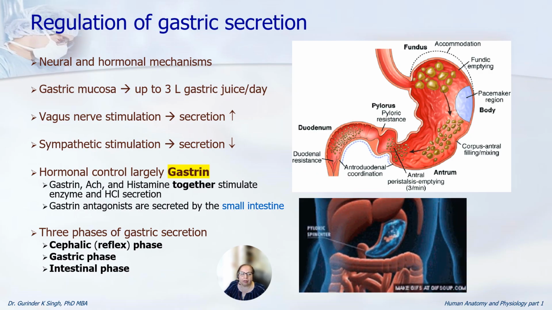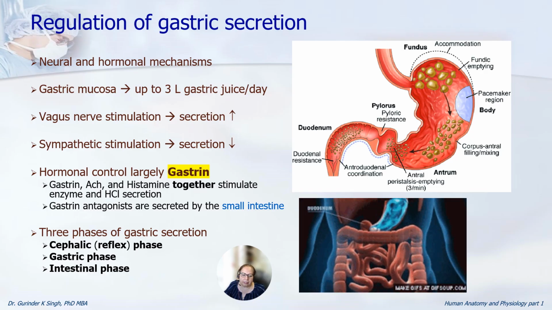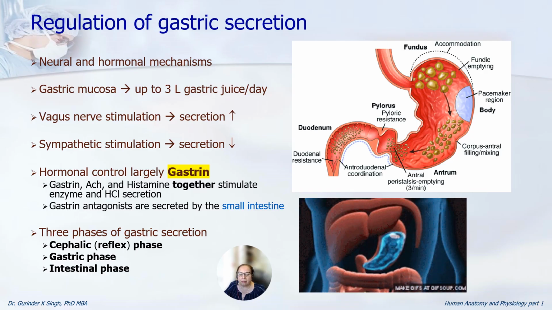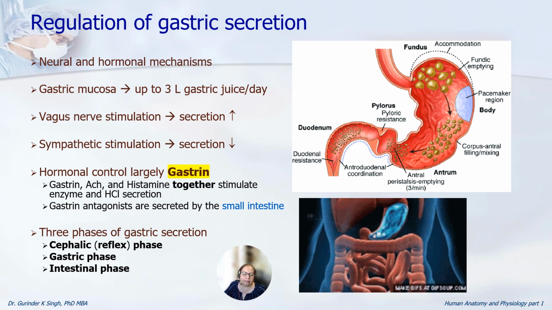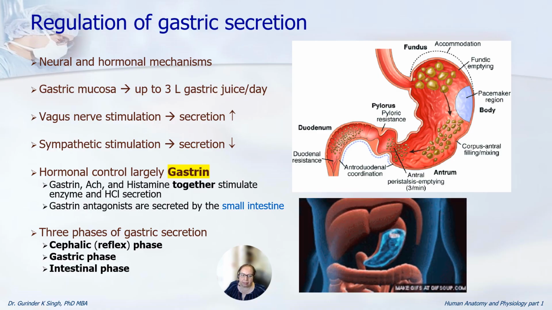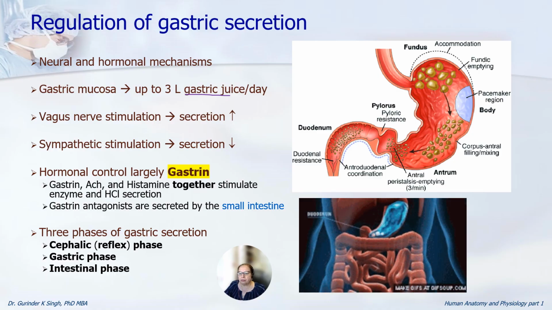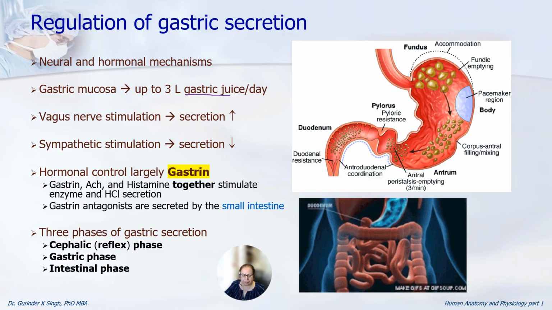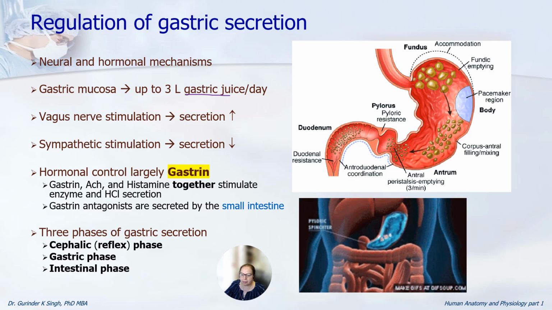Now let's look at what gastric secretions the stomach produces, and also how we regulate them. The gastric secretion is a mixture of many things, and we call it gastric juice. The gastric juice contains acid, mucus, and also the enzyme pepsinogen.